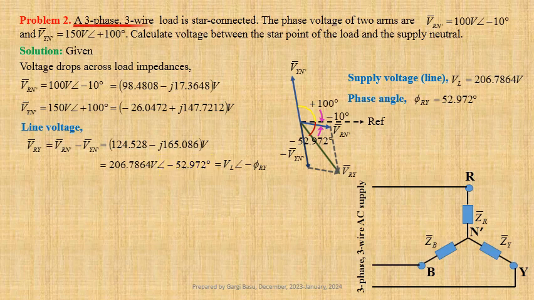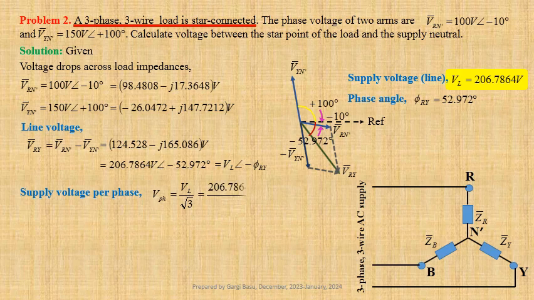For a three-phase three-wire star-connected load, supply voltage per phase V phase equals VL by root 3, that is equal to 206.7864 divided by root 3, that gives us 119.3882 volt. Here load voltage Vyn dash leads load voltage Vrn dash.